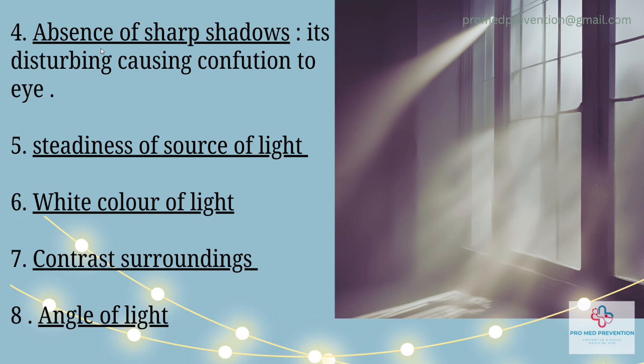Seventh one is the contrast surroundings. The term refers to the background field of vision, and as a requirement of good lighting, the background has a major role. The walls in your rooms and the ceilings create reflections, and it's essential for accumulation of light. Angle of light, the last point.